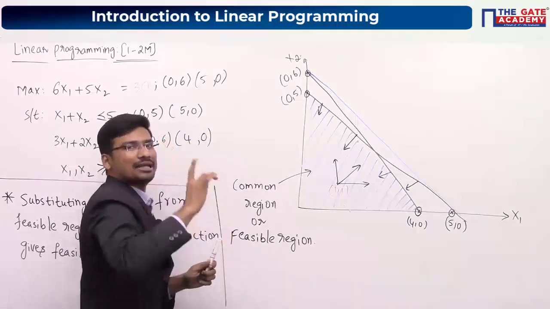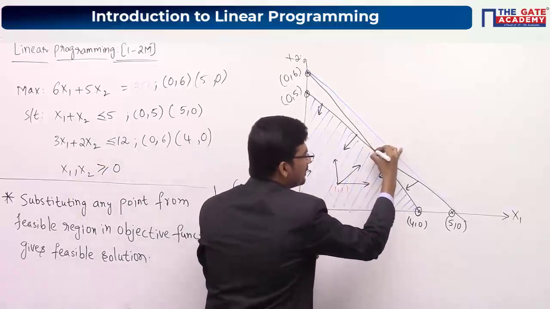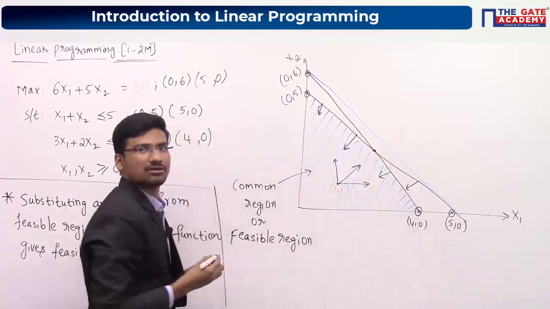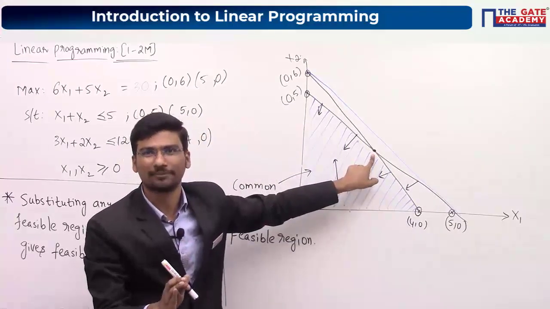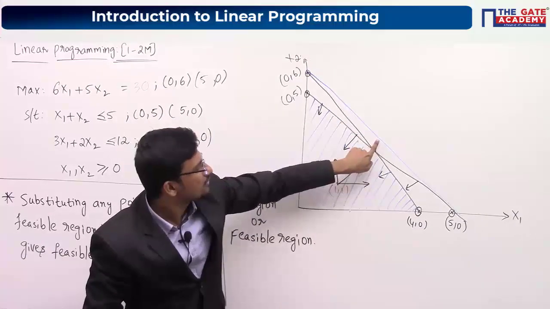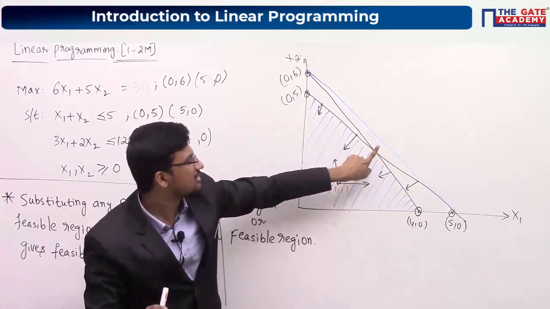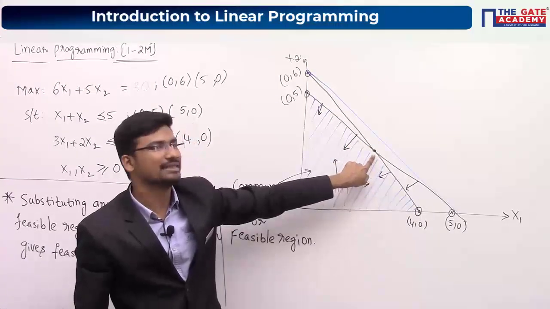Okay. Now whenever this particular objective function line is moving, what will happen? Definitely it will be touching this particular corner point of the polygon. Definitely. Okay. So while moving in this direction, first this particular objective function line touches the corner point, this one.